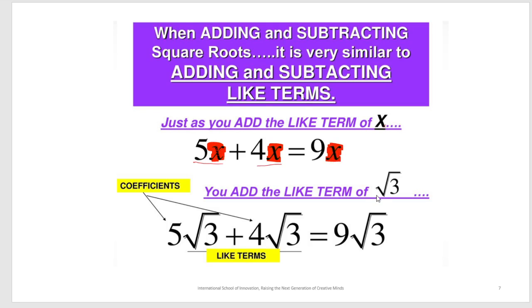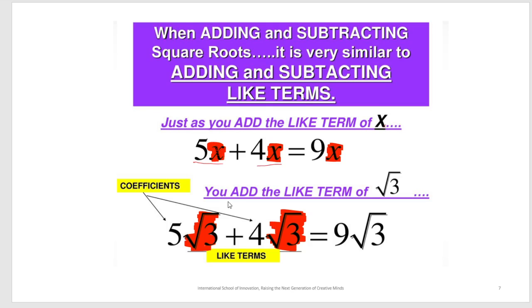Good? Okay. Fine. When you have 5 radical 3 plus 4 radical 3, for example, you will suppose that radical 3 and radical 3 are the like terms.